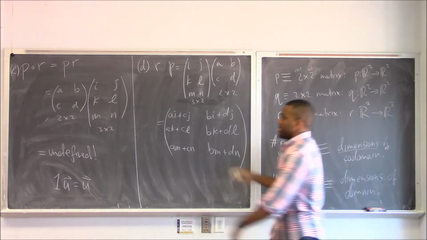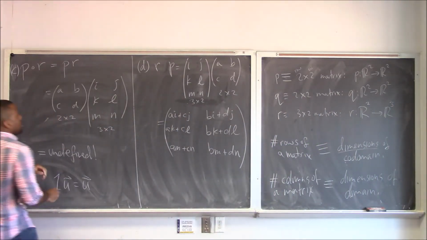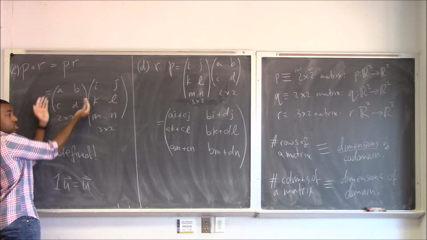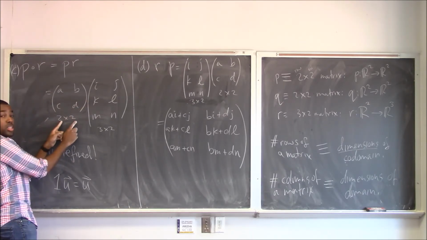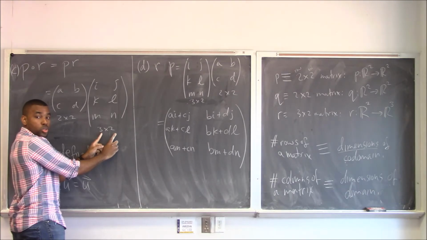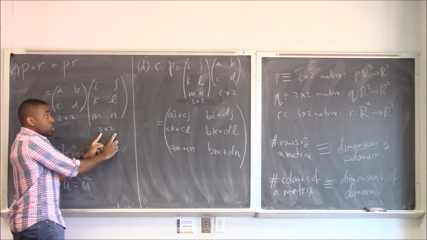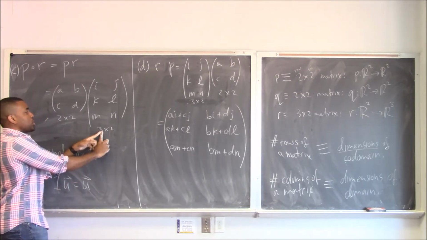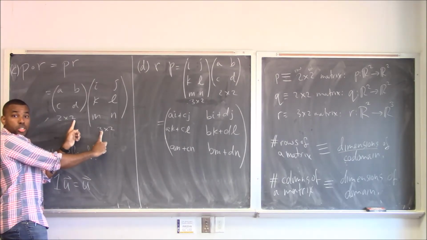Now, let's look back at these numbers. Sure, I wrote a rectangular array of numbers, but what I really wrote down is a function that went from a two-dimensional space to a two-dimensional space. Here I wrote down a function that went from a two-dimensional space to a three-dimensional space. So this function has two-dimensional inputs, the output was three-dimensional, but then I tried to plug it into something that's two-dimensional.